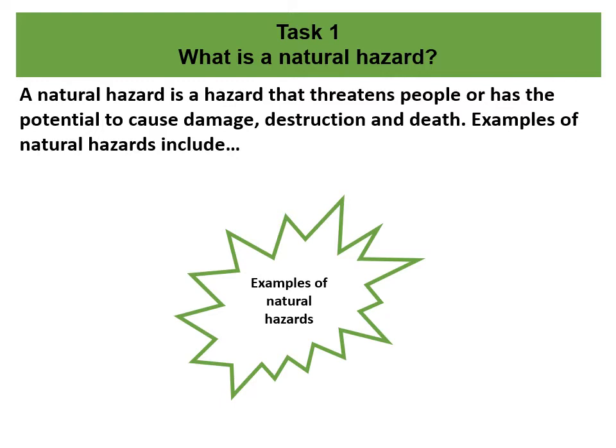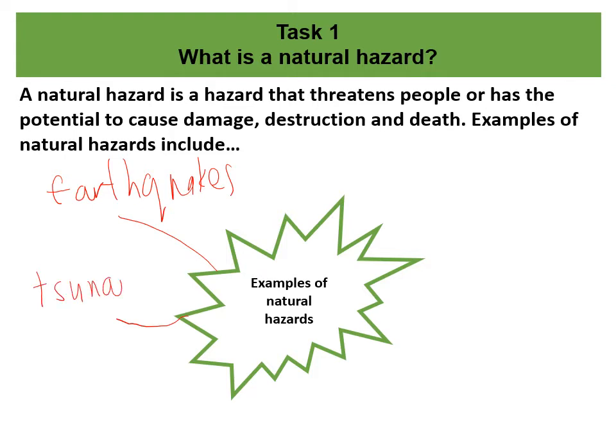Now, when we think about natural hazards, and we covered this in year 9, there are quite a few. So things that are caused by tectonic movement, we've got things like earthquakes, and earthquakes can also be responsible for tsunamis. Other types of natural hazards we have include volcanoes, which are also a result of tectonic hazards.